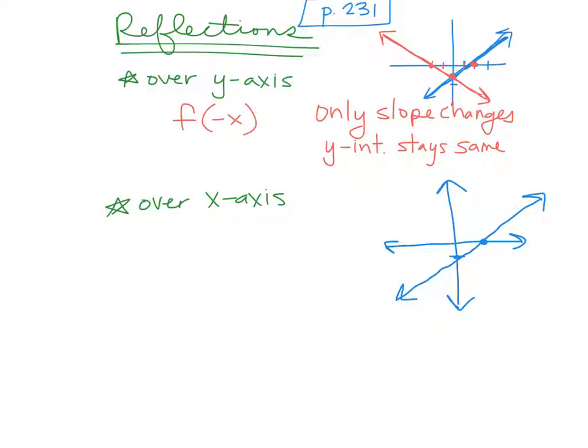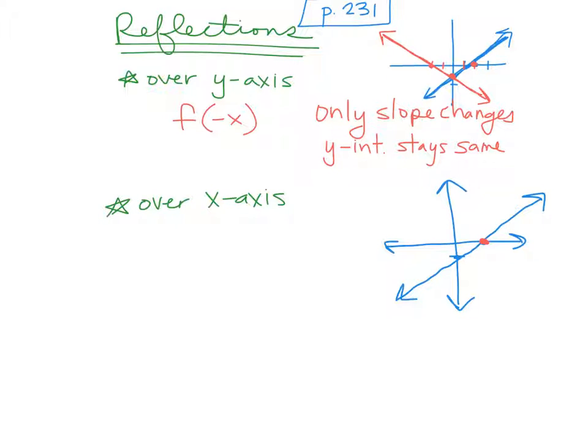Now think about if I were to fold my paper on my x-axis, that's this one, the horizontal. If I were to fold my paper, think about where this is going to end up. This point right here is going to stay the same. That's your x-intercept, not your y-intercept anymore.